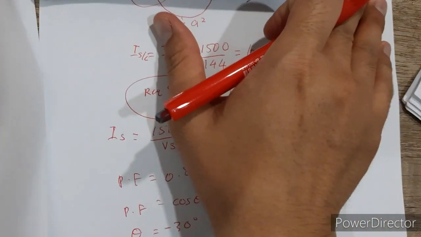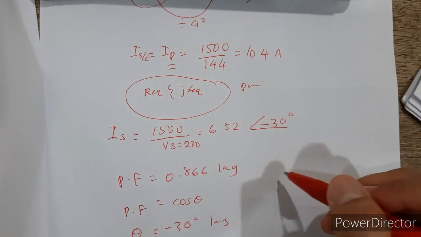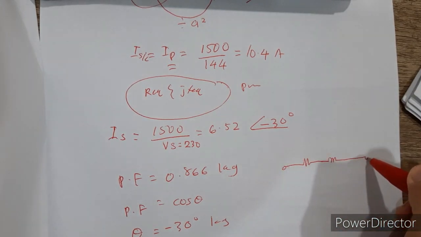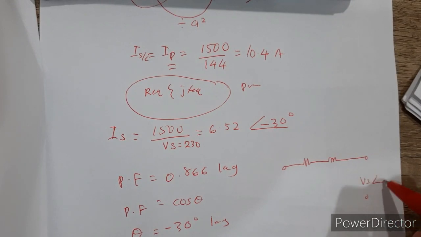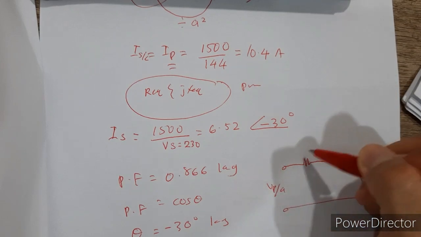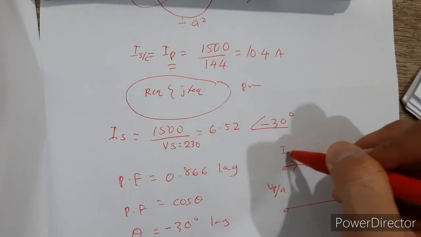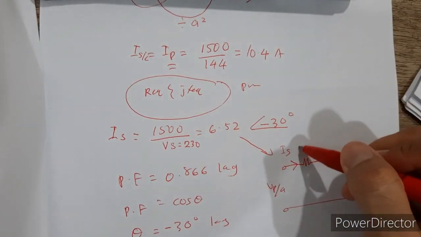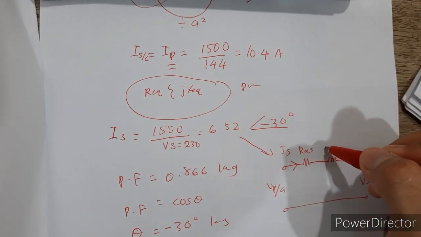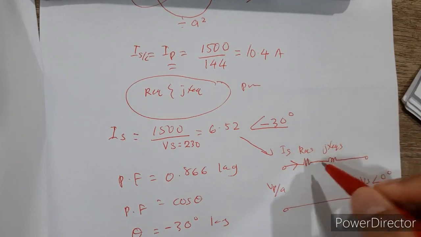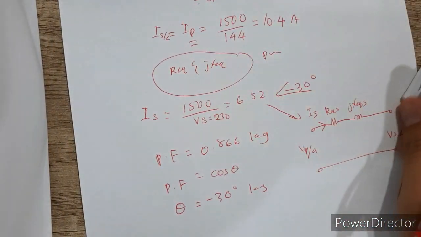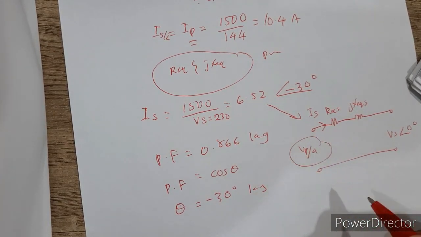And then we know that when we refer to the secondary side, this is R equivalent S, jX equivalent S, this is VS, angle of 0 degree, and then this is VP over a. So the current flowing is IS. The parameters are referred to the secondary side. We want to determine VP over a.